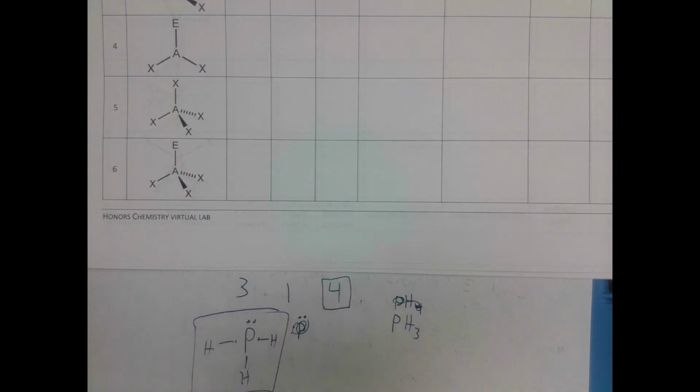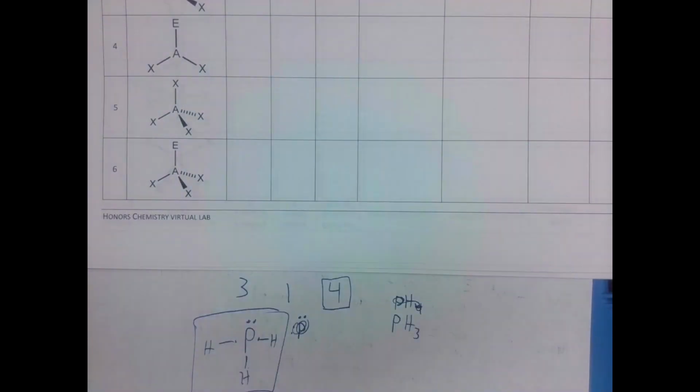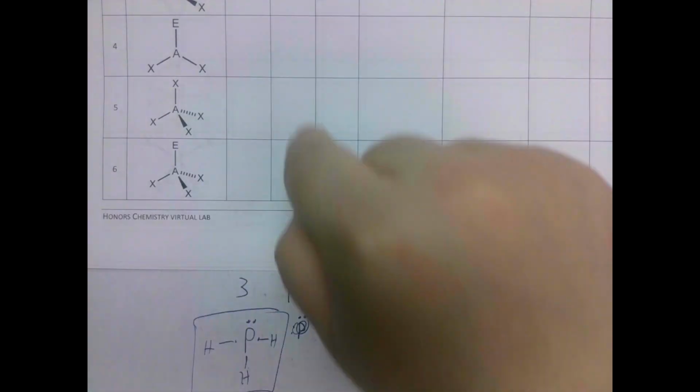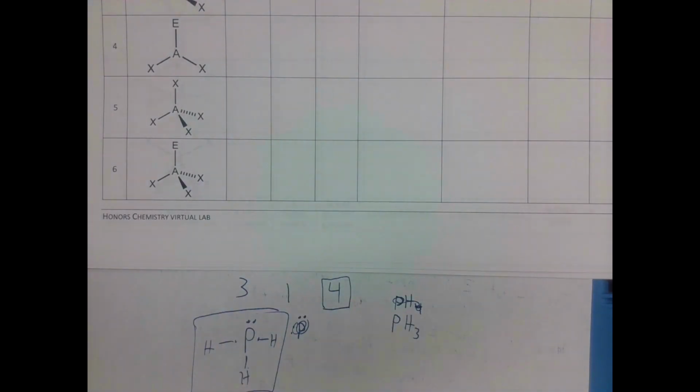There's 1. And then the electron domains is E plus X. So this is E, this is X. If you just add them together, there are 4 regions in total, or 4 domains. Basically, count how many X's you have, how many E's you have, and then just add E plus X together.